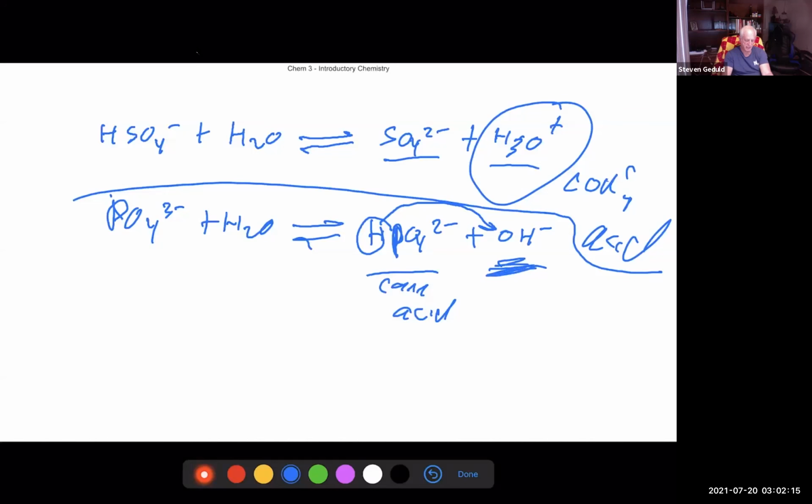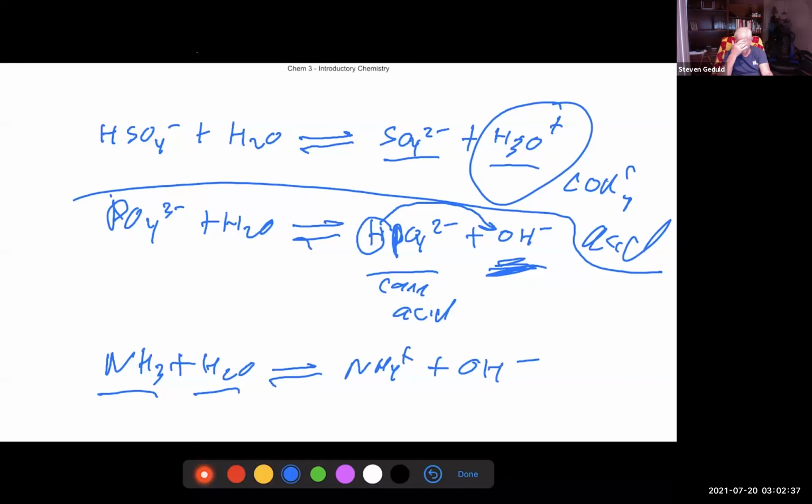Okay, and the other one is NH3 plus H2O goes to NH4 plus and OH minus. So this is your base, this is your acid. And then which one here donates a proton, NH4 plus or OH minus?